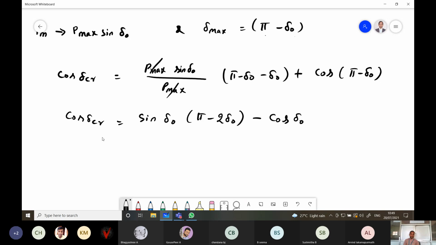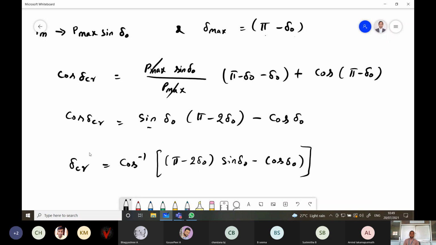So finally, delta CR can be given as cos inverse of pi minus 2 delta naught and sin delta naught, minus cos delta naught. This is the expression for the critical clearing angle.